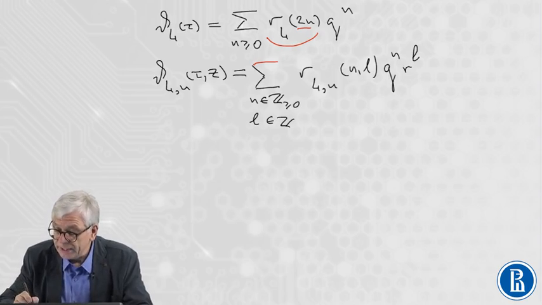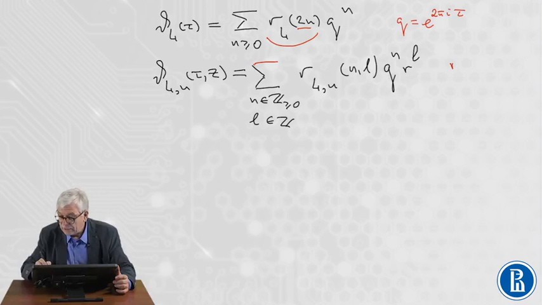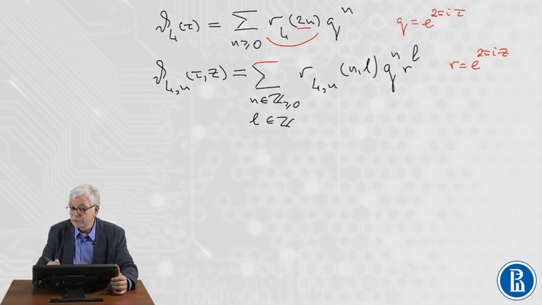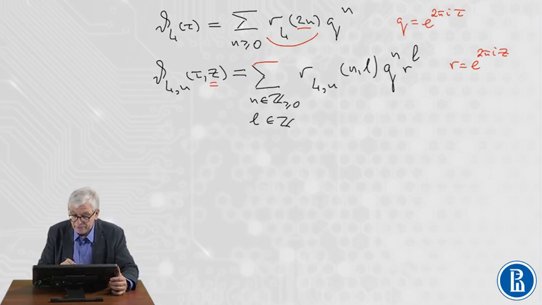Q in both cases, this is e to the power 2 pi i tau, and r will be e to the power 2 pi i z. So this is the second exponent, the exponent of the second variable z of our theta function.